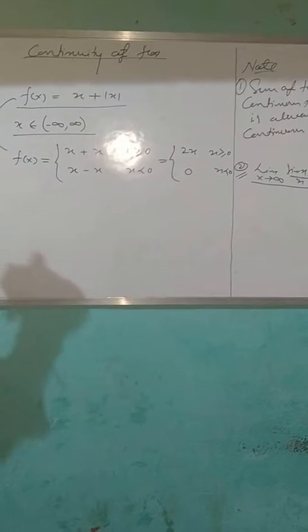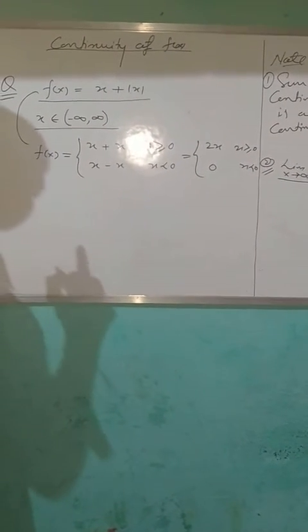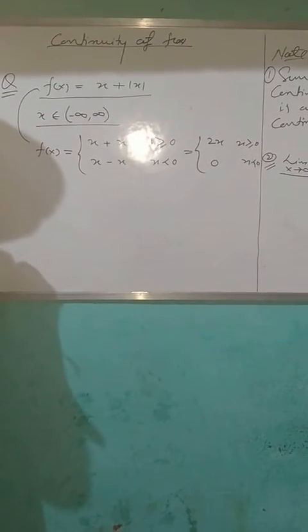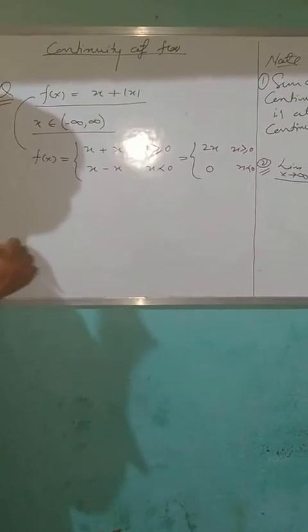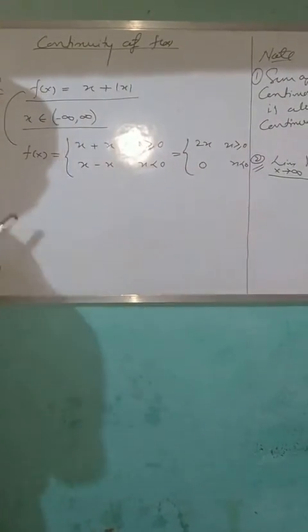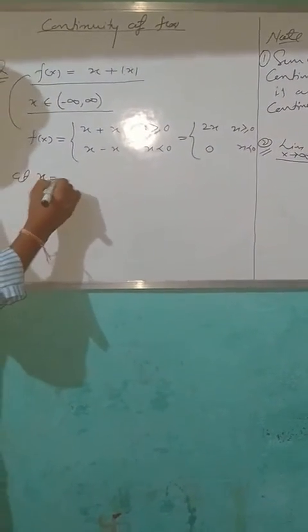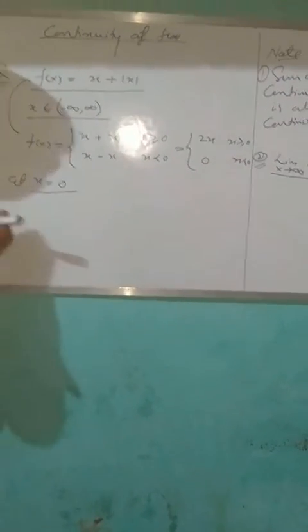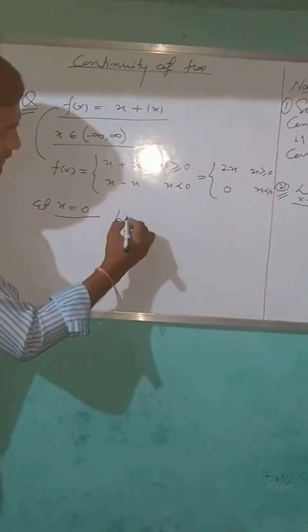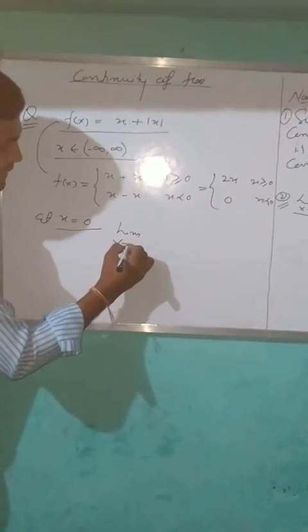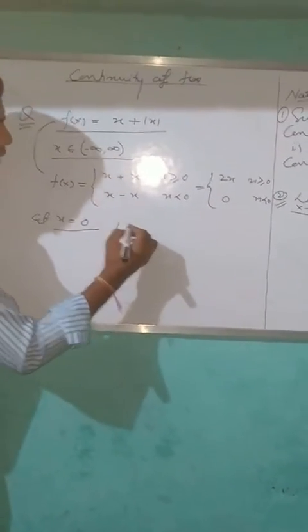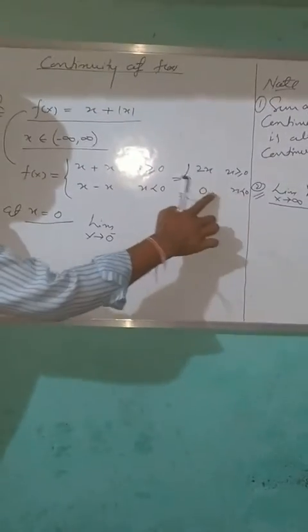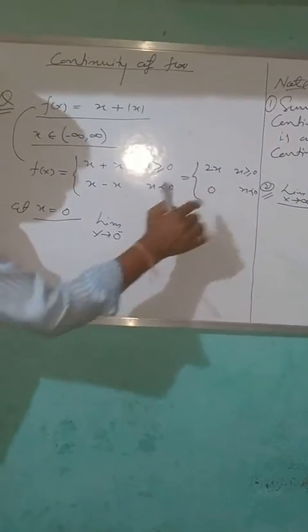It means we have only one point at which we need to check the continuity of the function. That point is 0. So at x equal to 0, the left hand limit of this function is the limit as x tends to 0 negative, and the value of the function is 0.